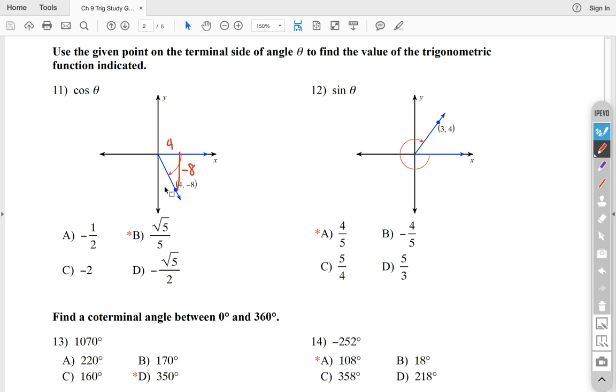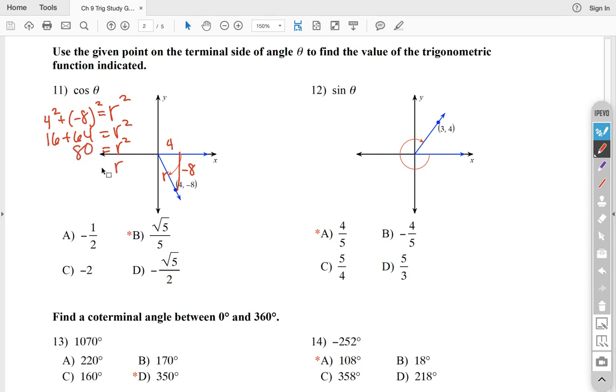And now we need to do Pythagorean theorem to find the hypotenuse so we can do cosine, because you need hypotenuse for cosine. So you're going to do 4 squared plus negative 8 squared equals, let's call the hypotenuse r for radius, so r squared. So we have 16 plus 64 equals r squared. R squared is going to equal 80.